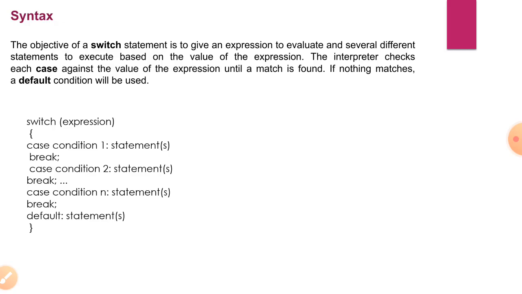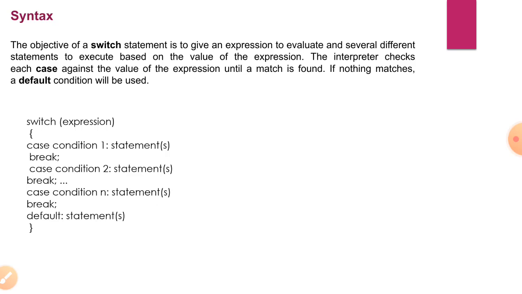First of all, it will evaluate the expression, and based on this expression value, it goes into the cases. So the interpreter checks each case against the value of the expression until a match is found. If nothing matches, the default condition will be used.